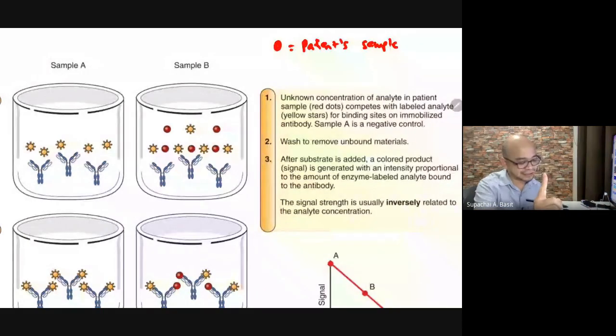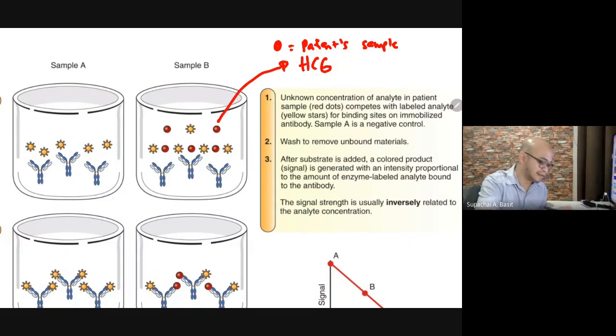Let's say, for example, the red dot is HCG. It's a hormone, human chorionic gonadotropin. In this particular example, this is our antigen.